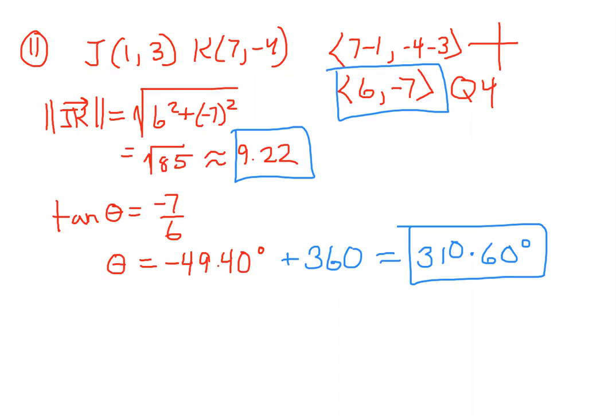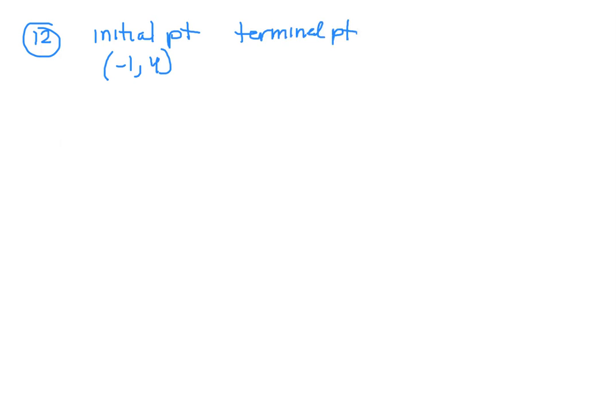And the last one, number 12, is a little bit different. In 9 through 11, they gave us what the points were. Now they don't tell us what the points are, we have to find them from the graph. So the initial point is (-1, 4), and the terminal point is (4, 1).